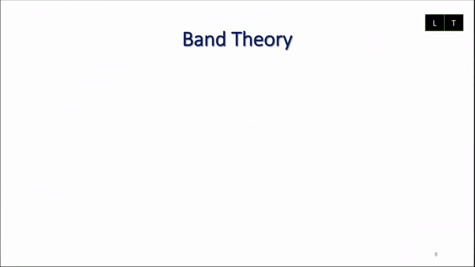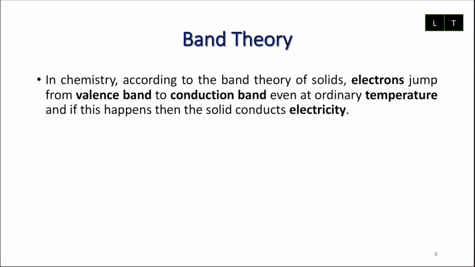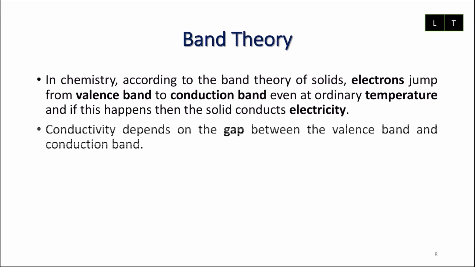Now kita fokus tentang band theory. So band theory adalah satu teori yang kita gunakan for solid, di mana electrons jump from valence band to conduction band even at ordinary temperature, dan ini berlaku apabila solid tersebut conducts electricity. So macam mana dia boleh terhasil? Conductivity bergantung kepada gap between valence band and conduction band.